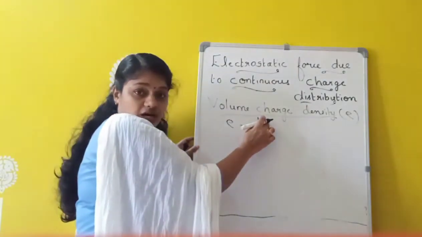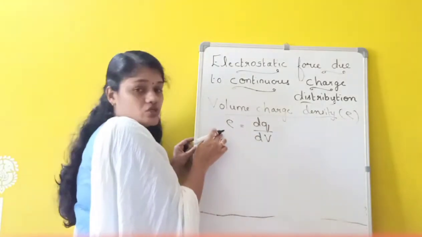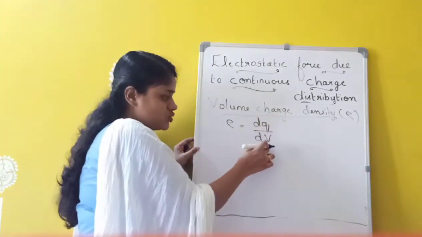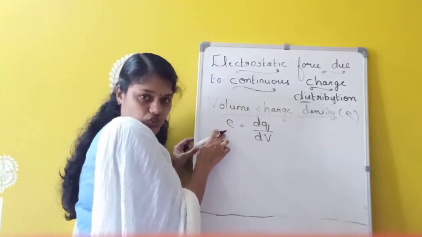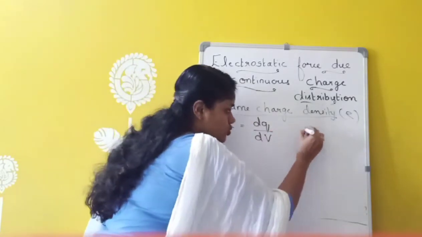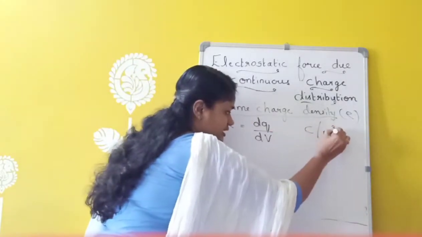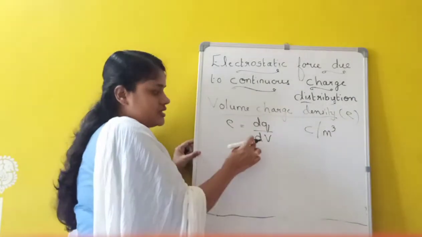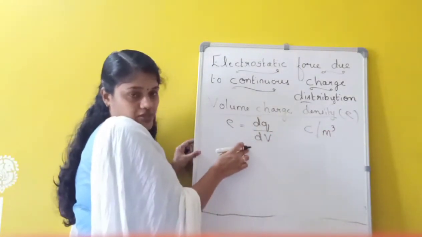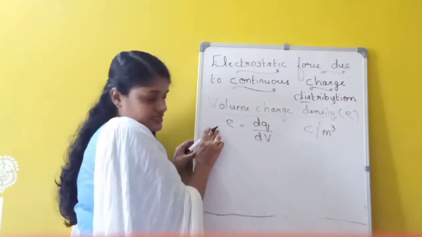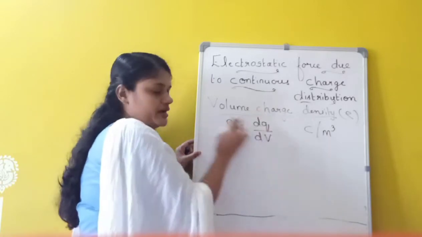That is, charge per unit volume can be taken as volume charge density rho, and the unit is coulomb per meter cube. Coulomb is the unit of charge and meter cube is the unit of volume. So rho equals dq by dV.